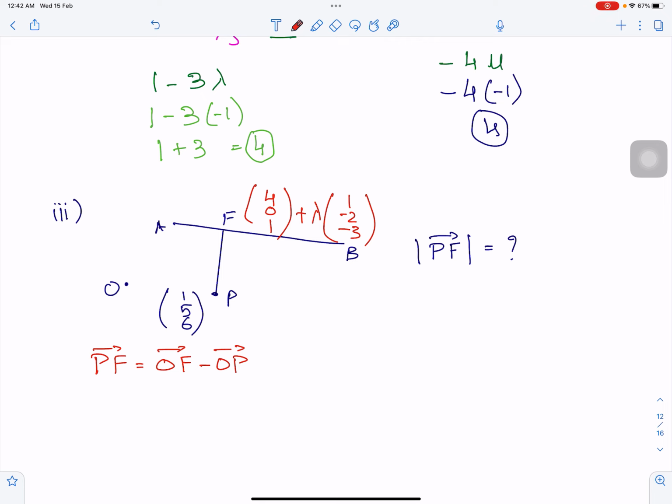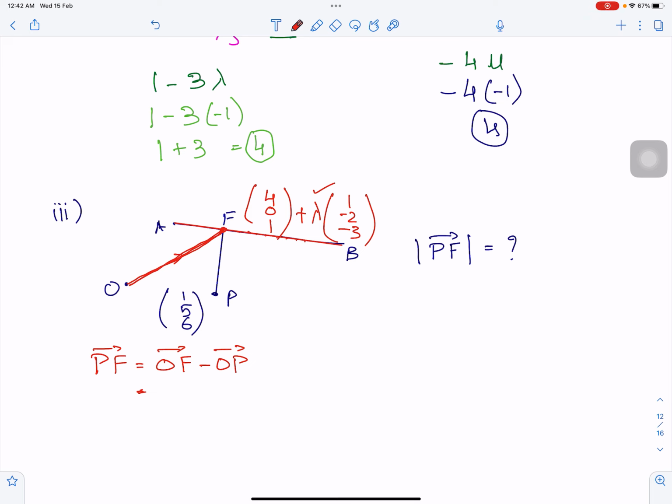Right. Now OF, if you see from here, is any point on the line AB. I'm repeating, it is any point on the line AB depending on the value of lambda. So whatever is the equation of line AB, if you take the same equation, different values of lambda will give you different points on it.